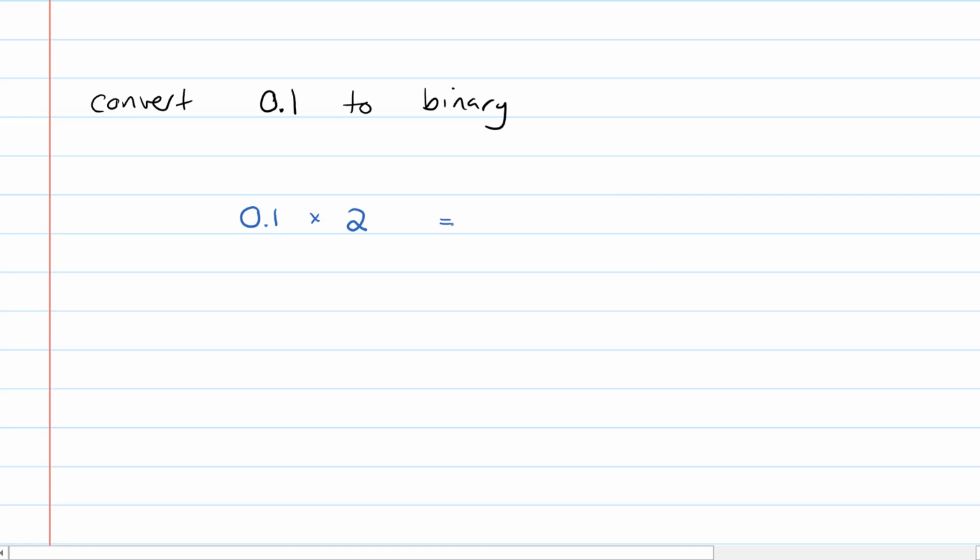And we're going to separate our answer into the integer part and also the fractional part. I suppose here you could still call it the decimal part because we are still writing as decimal numbers, so it's going to be 0 plus 0.2. Because when we take 0.1 and multiply by 2, we get 0.2. There's no integer part, so that part is 0.